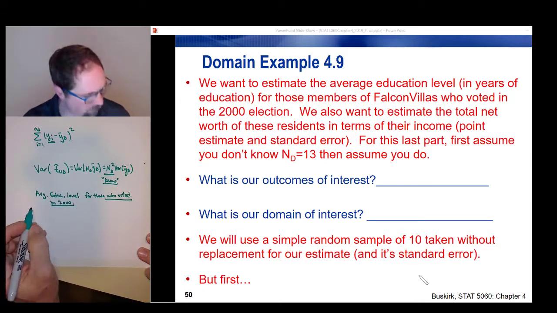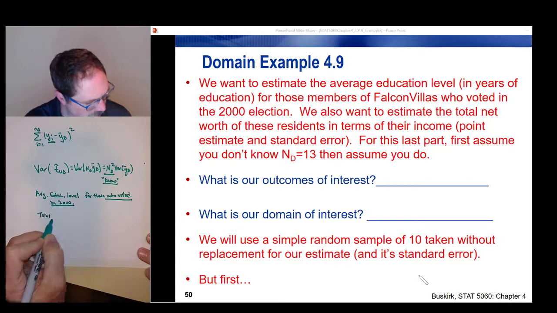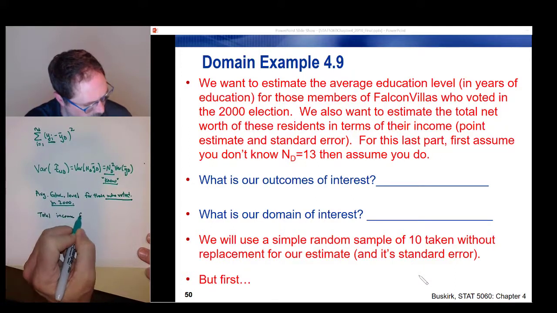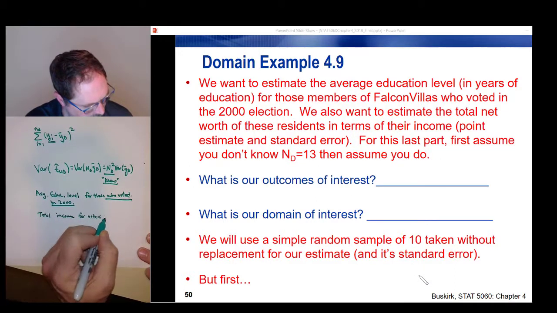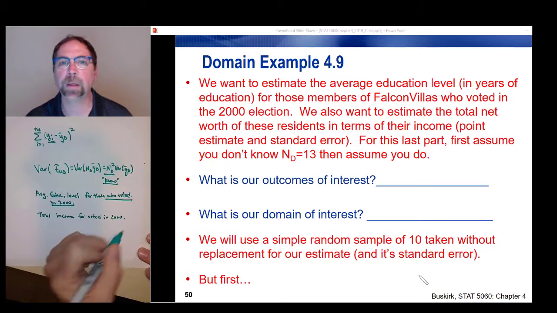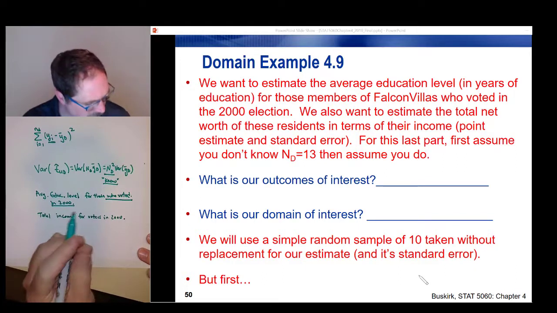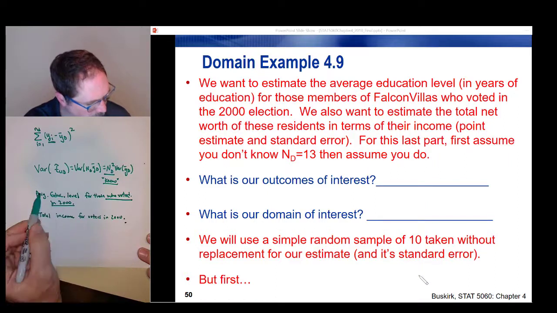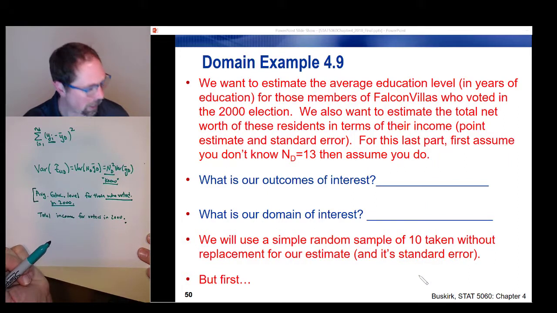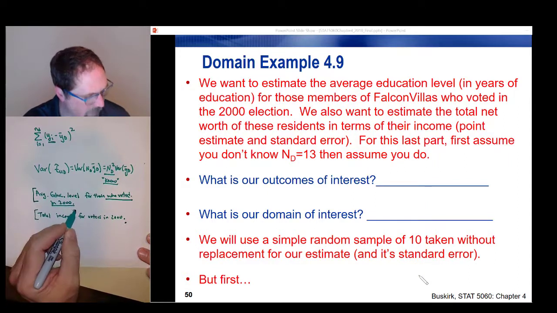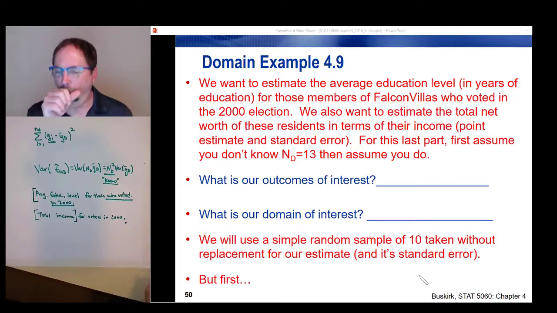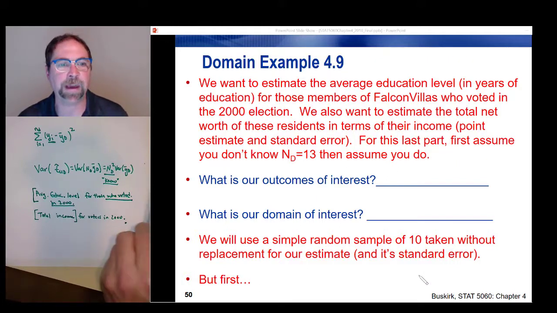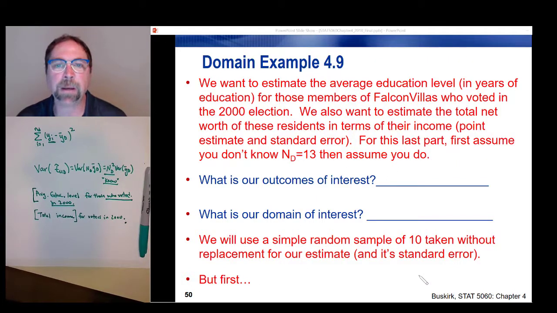We also want the total income for voters in 2000. So we have two things that we're looking for: the average education level, and the total income across those members in the Falcon Villas who actually reported voting in the 2000 election. So our outcomes of interest are clear. Our domain of interest, again, is the voters in the 2000 election.